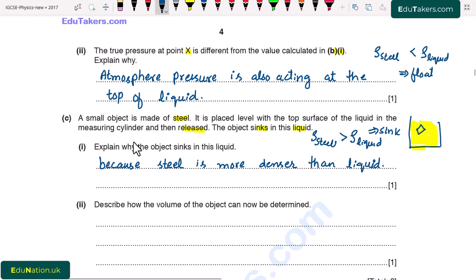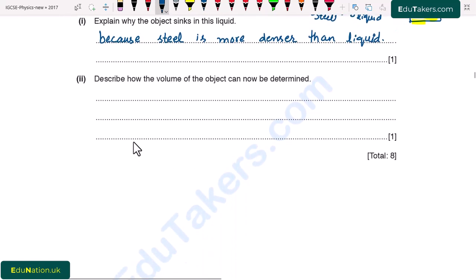Part 2. Describe how the volume of the object can now be measured. Now, in the first part we place our object in the liquid and then we have to find out the volume of the object. How can we measure it, because there is also the liquid in this cylinder.